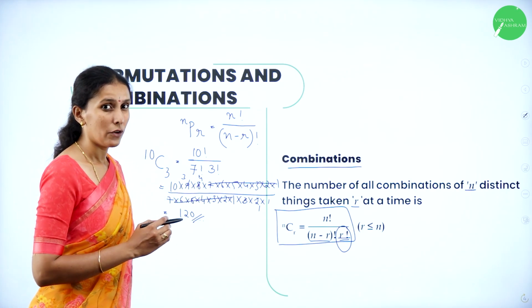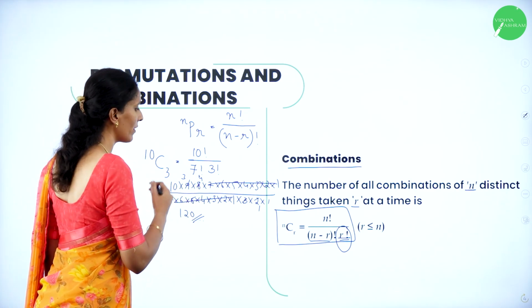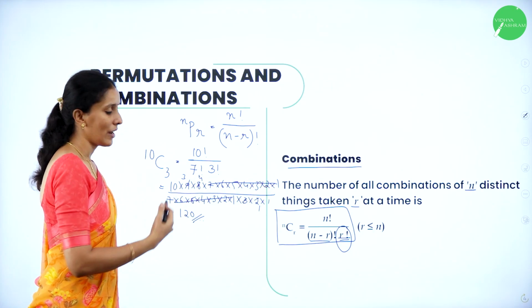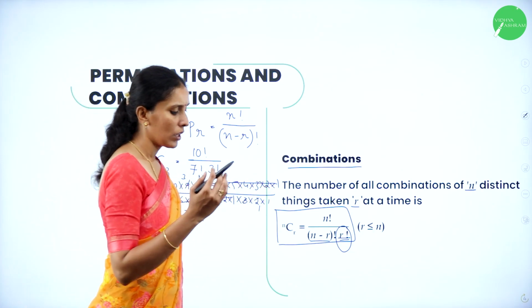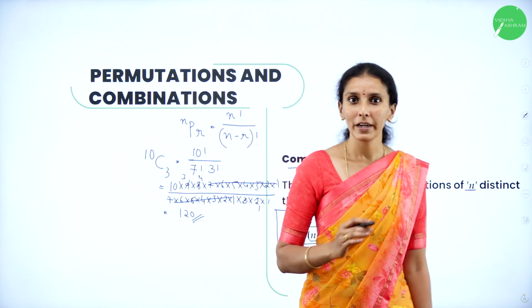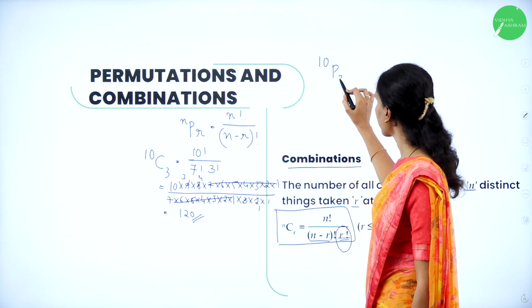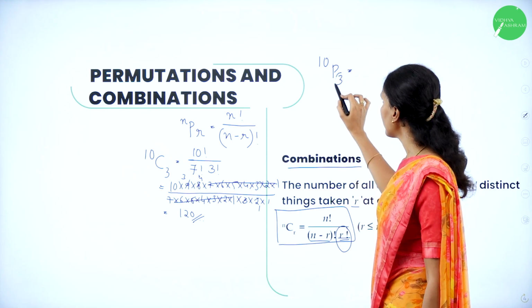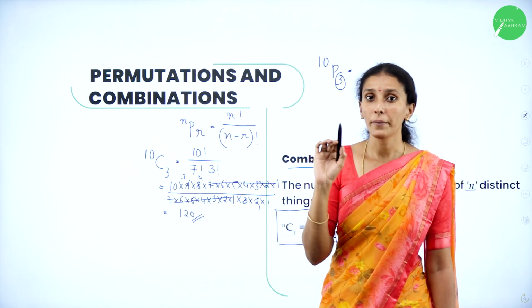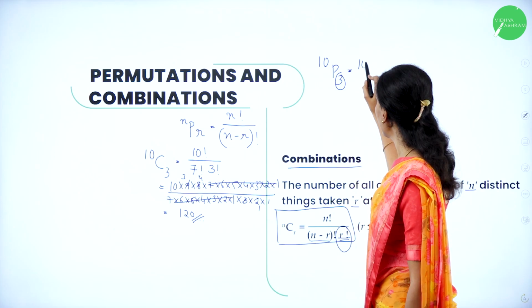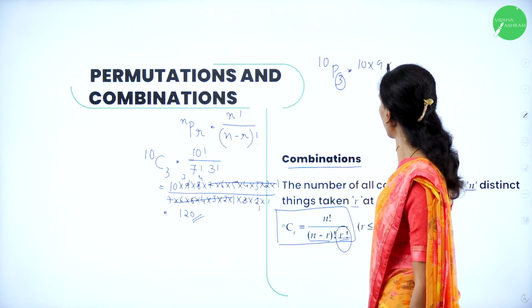This is a very complicated method because we have to write all the terms and cancel them one by one. The logic we applied for the permutation is like, if you take 10P3, just write the 3 factors from 10 for permutation. That is 10 into 9 into 8.